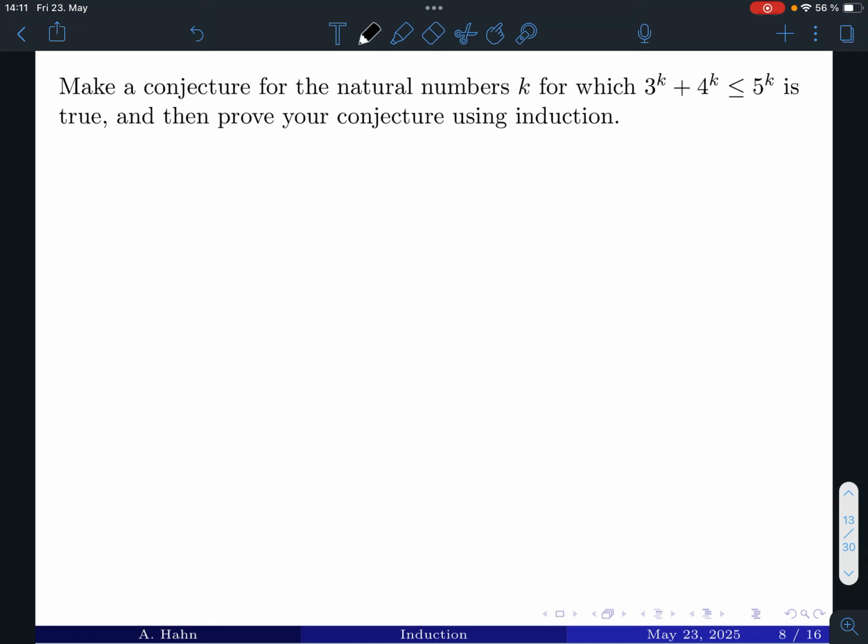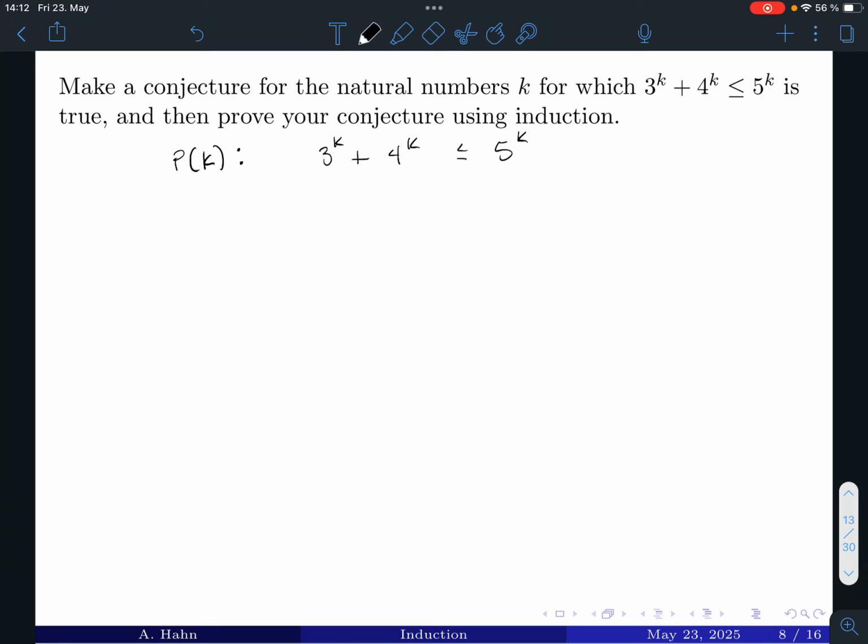So let's jump in. Just like in the previous examples, let's talk about what the predicate even is. We want to write down P of k, our predicate. And our predicate is the claim that 3 to the k plus 4 to the k is less than or equal to 5 to the k.